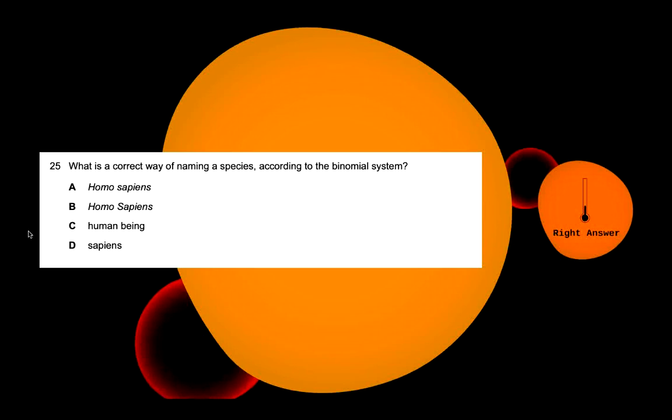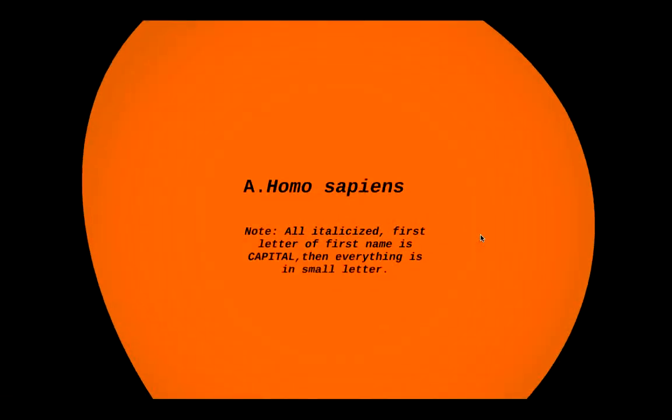So you can just eliminate option C and option D. So it's just between A and B. But the second word should be in small letters. That would be option A. This is the answer because it is all italicized in the way of naming. And aside from that, the first letter of the first name is capital, then everything else is in small letters.